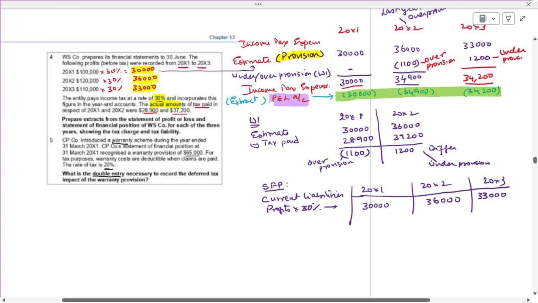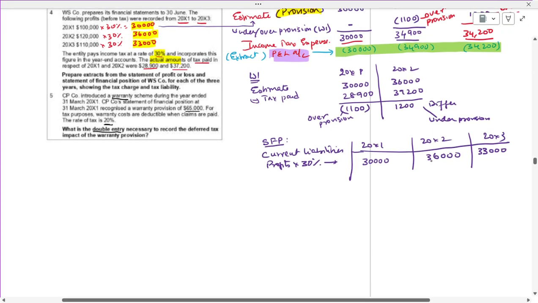Tax rate is how much? 20%. Warranty amount is how much? 65,000. Warranty means what? Is it in the current year or in future?